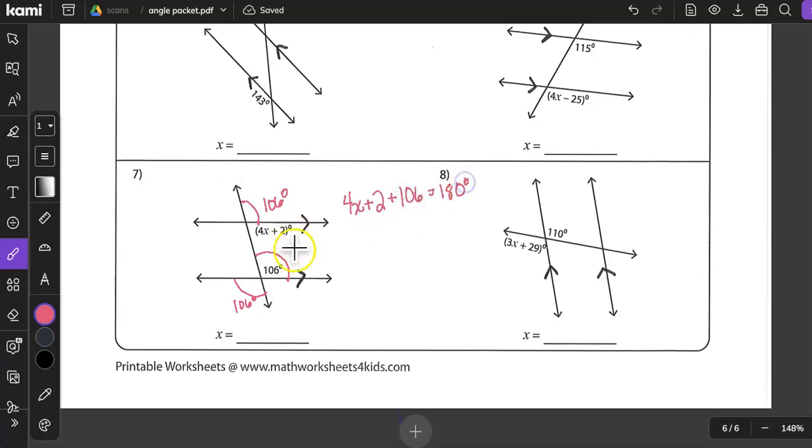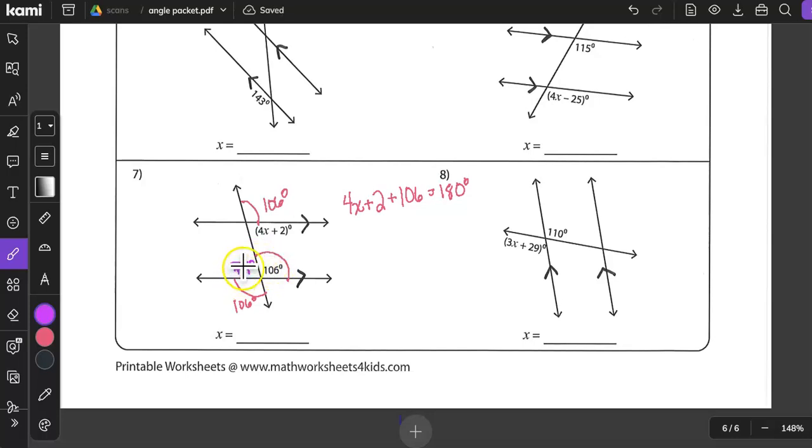I guess another way I could have done this problem, and maybe an easier way, and again, it's your choice, would be to say, if this is 106 degrees, I know these two have to add up to 180, so this has to be 74.